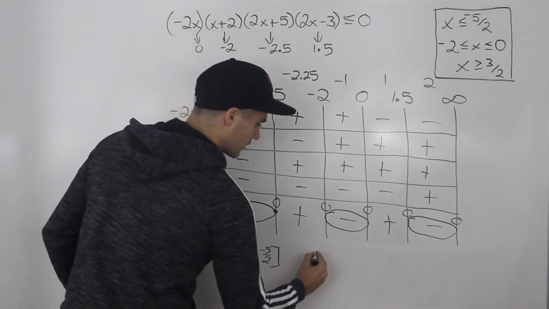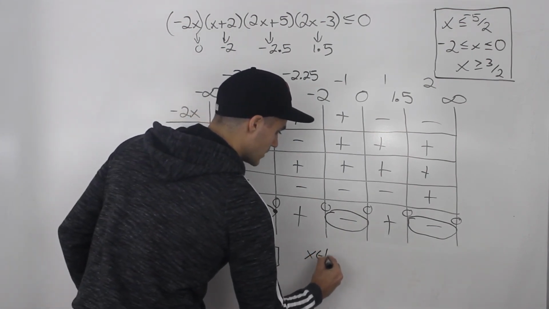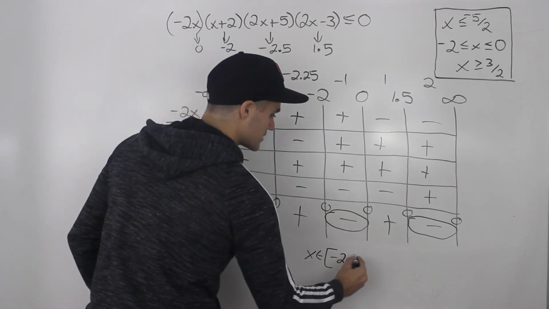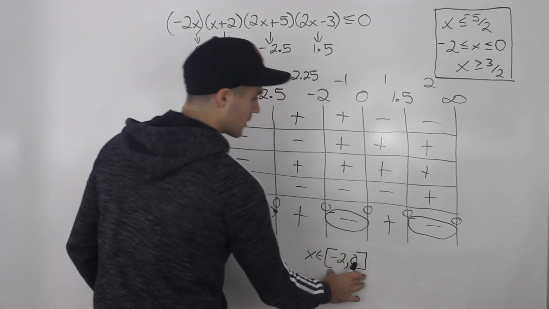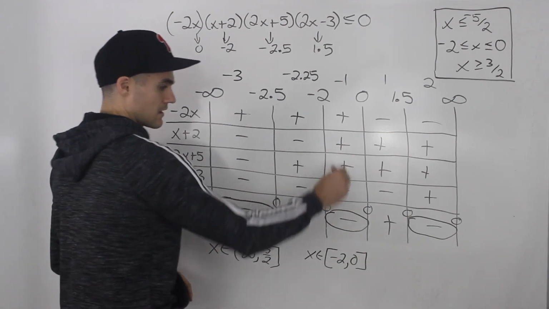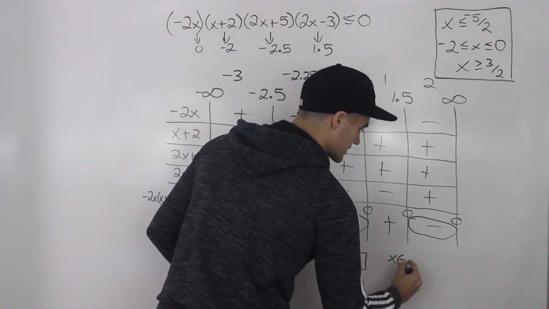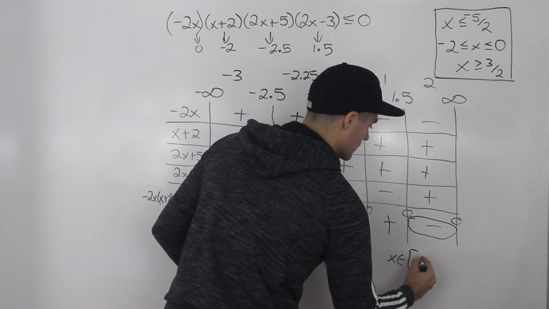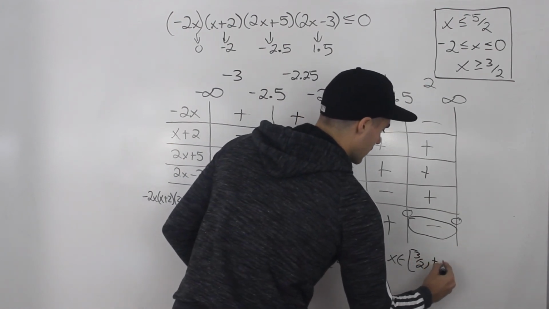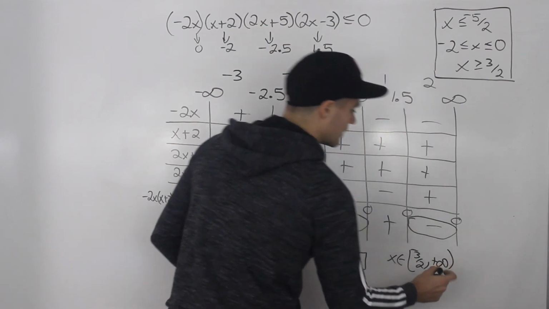And then this interval here we can write as x is an element between -2 and 0. Again, square brackets because it's inclusive of those values. And then this last one, x is an element from 1.5 or 3/2 to positive infinity.